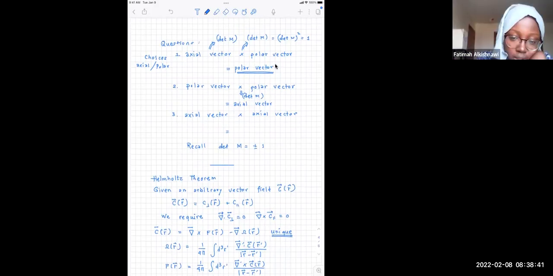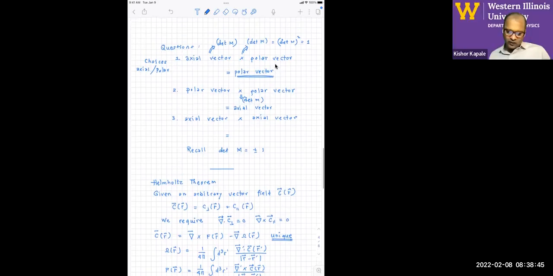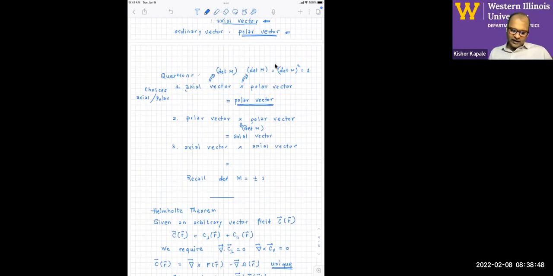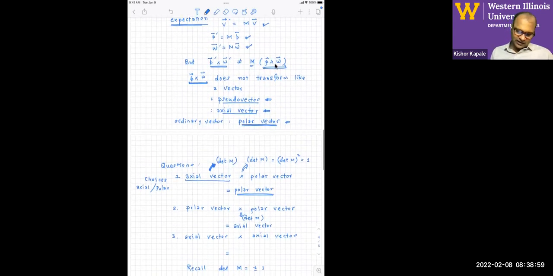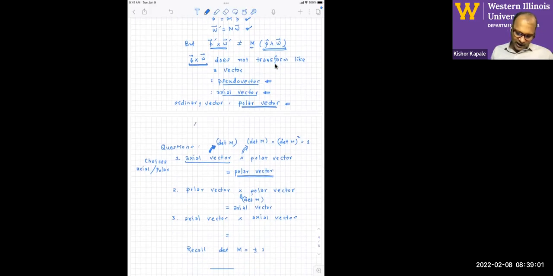So let's take a look at this one. Kapale, can you repeat number 1? Number 1, okay. An axial vector, if you transform it, gives you an extra factor of determinant M. You agree? Look at the transformation property of an axial vector. Let's write it down here. The axial vector in the primed coordinate system is determinant M times the transformation matrix times the axial vector in the original coordinates.